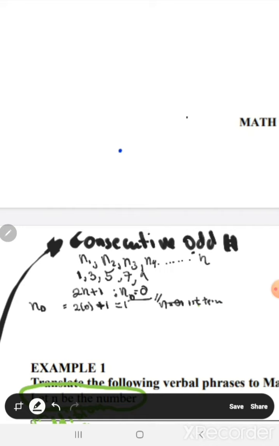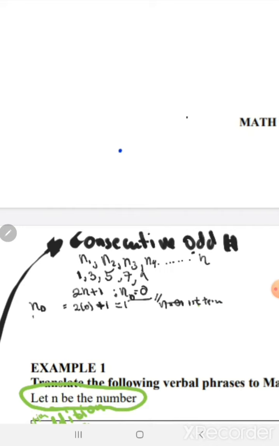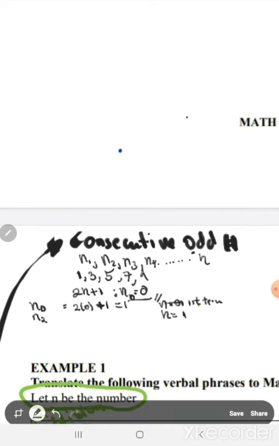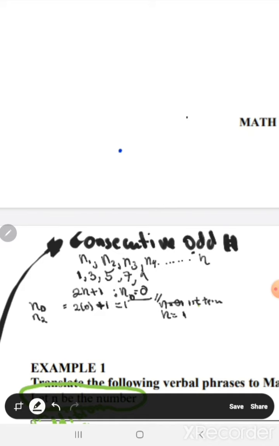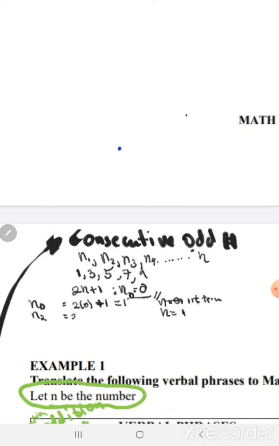Our second term will be n2, wherein your n is equal to 1. Okay? Second term, our n is equal to 1, which means that we have 2 multiplied by 1 plus 1 is equal to 3.